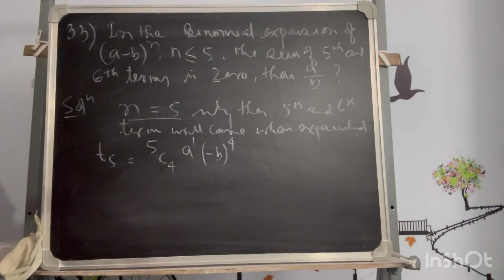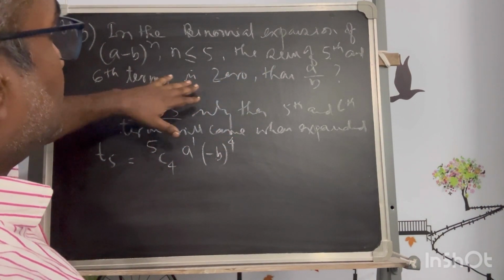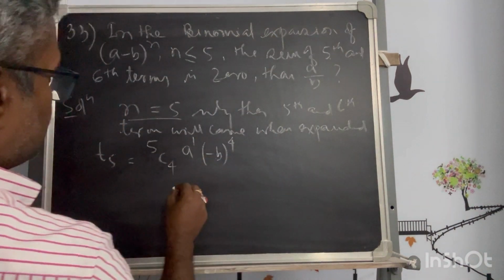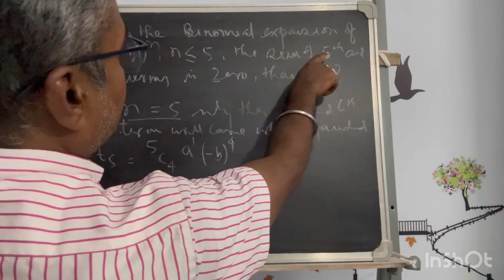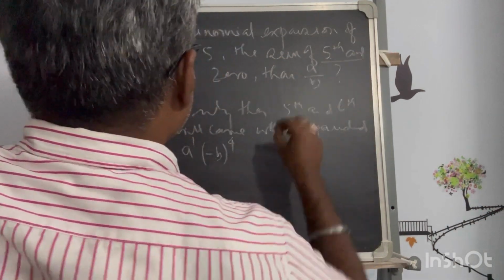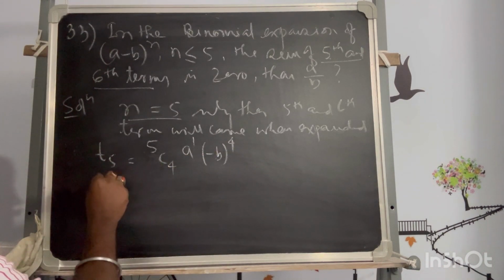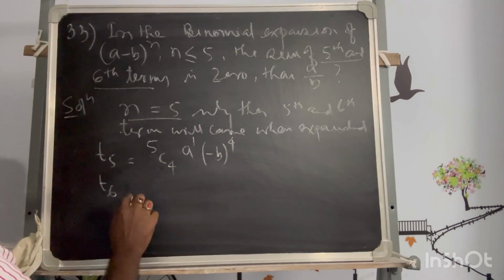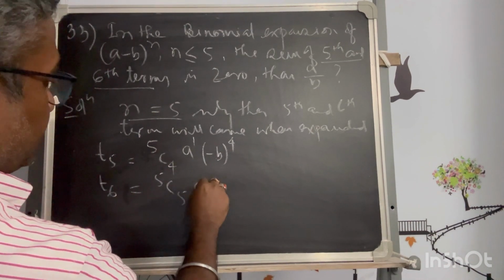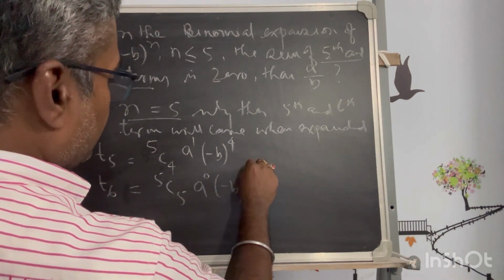So this will be the case where I will get the fifth term. The sum of the fifth and sixth term means I have to take the whole term, not only the coefficient. So this is fifth term, and sixth term will be equal to 5C5 a to the power 0 times (minus b) whole to the power 5.